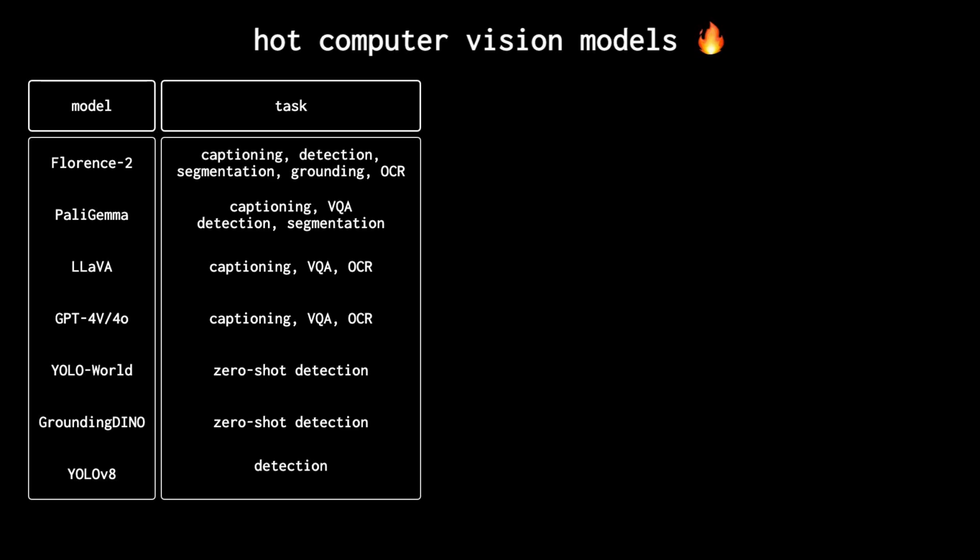YOLO-World and Grounding DINO run zero-shot detection, and YOLOv8 does detection. Sure, YOLOv8 can perform segmentation or pose estimation, but then you need to load a second model. Here I'm interested in how many tasks can be performed by a single model.